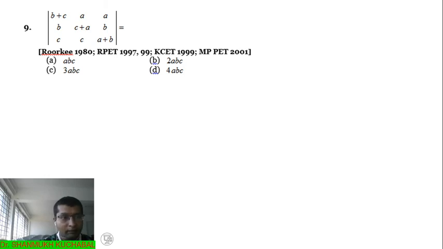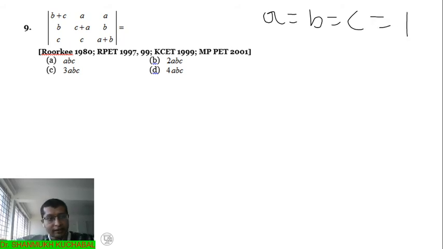Similarly, example number 9 also. So very simple it is. Okay. So you also solve along with me. So I take a equal to b equal to c equal to 1 here, right? A equal to b equal to c equal to 1.